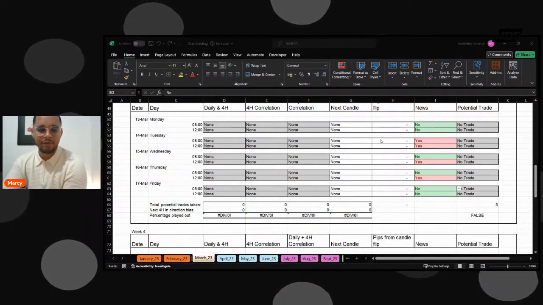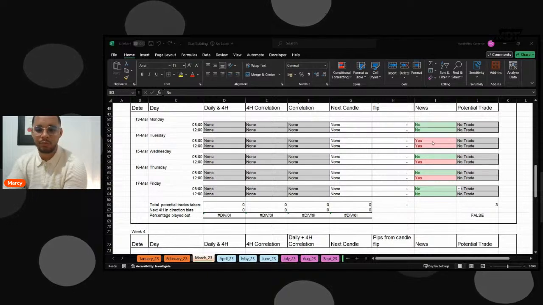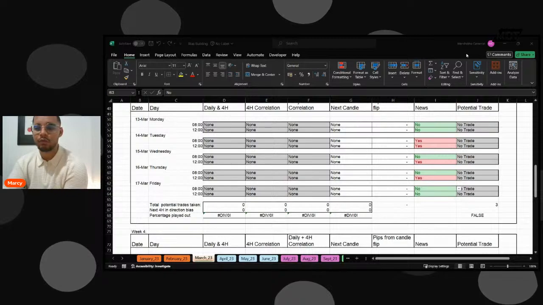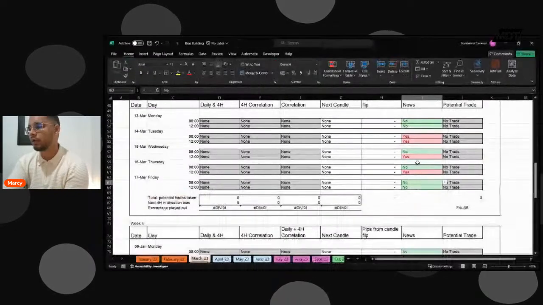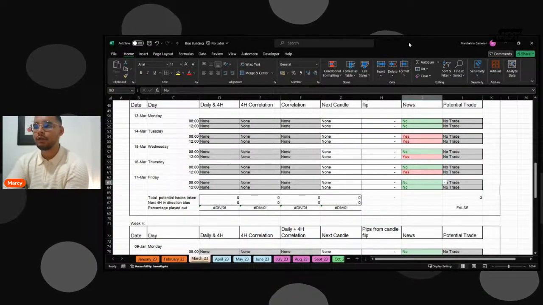So we have news on Tuesday where we won't be trading at all. We have news on Wednesday in New York session, news on Thursday in New York session, as you guys can see. And yeah, let's get capturing, bro.